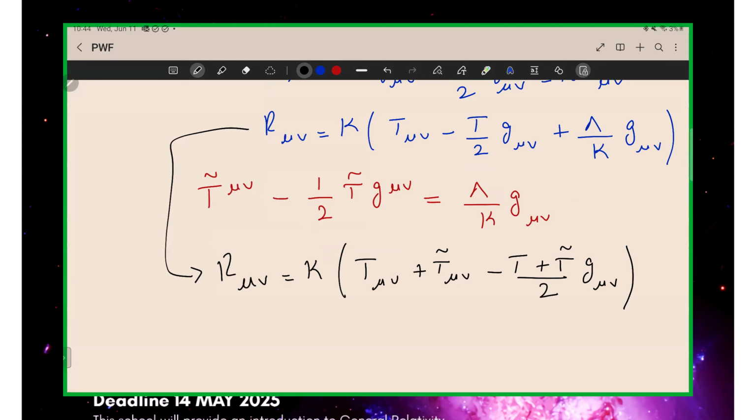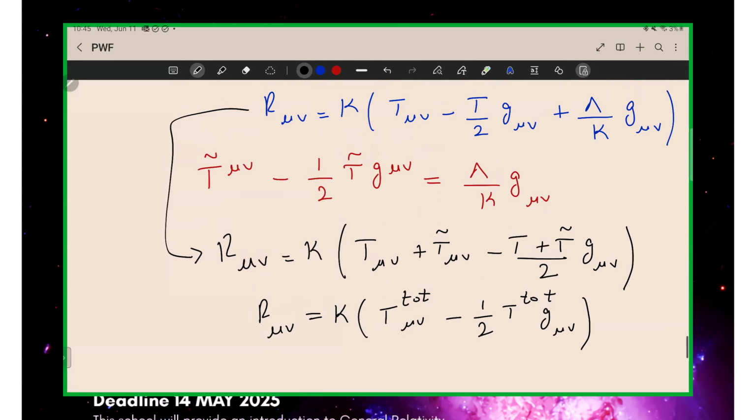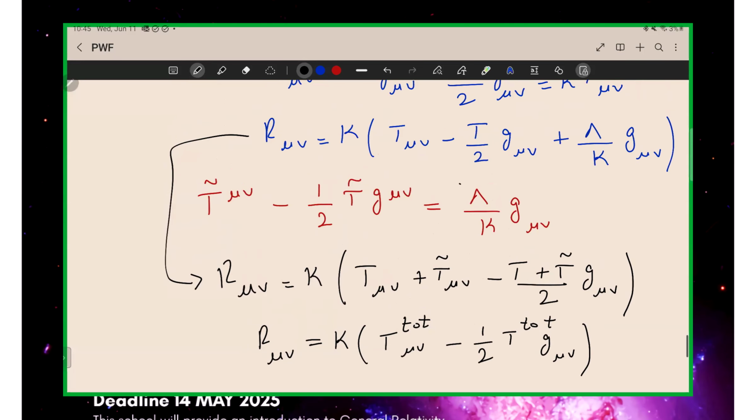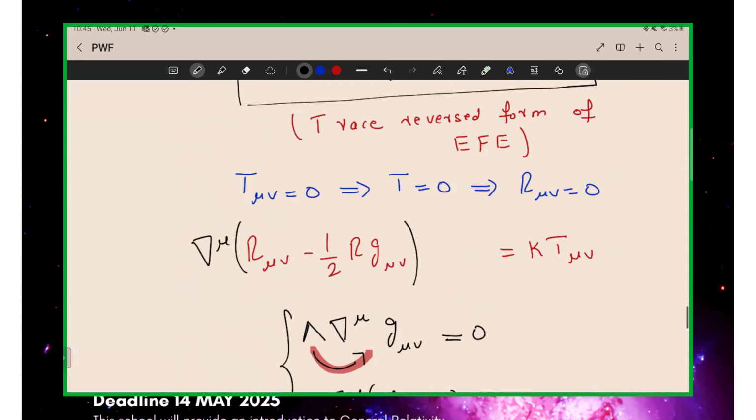So that will give you kappa times T total mu nu minus T total over 2 g mu nu. And that's a way to see that the cosmological constant actually gives you a stress tensor that contributes to the total stress tensor and gives you something that looks like the trace reversed form of the Einstein field equation, which is given here.